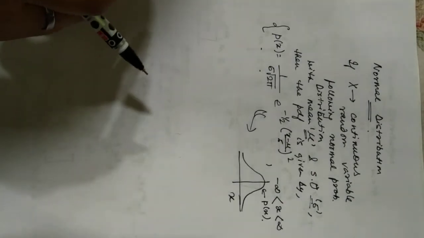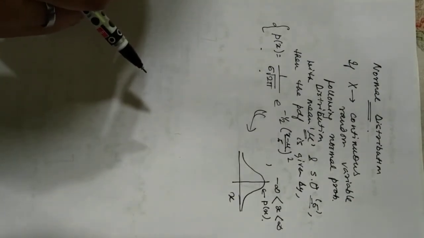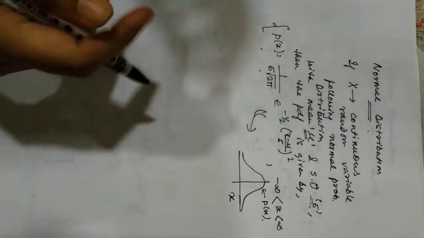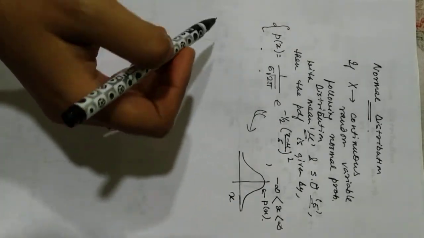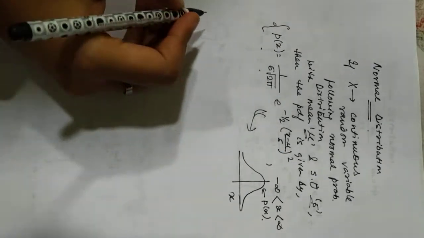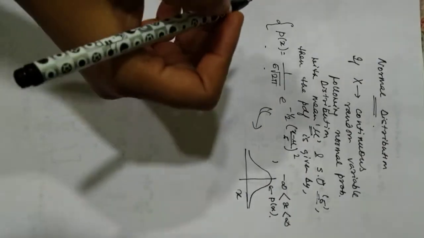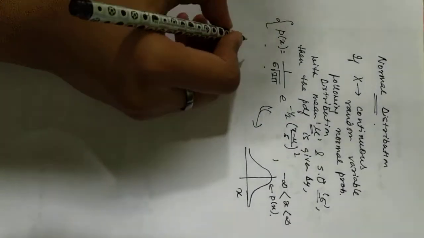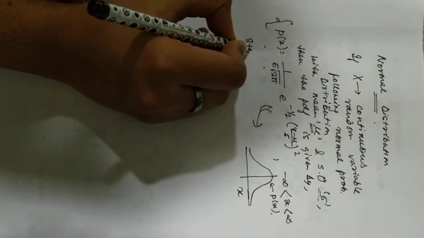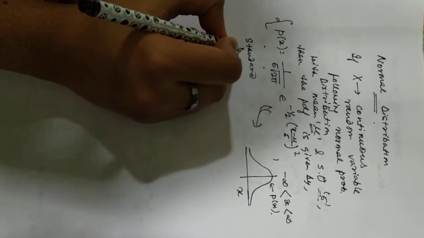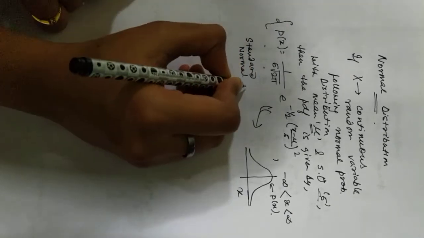Now, whenever you are associated with this normal probability distribution, we can define one more variable which is called the standard normal variate.